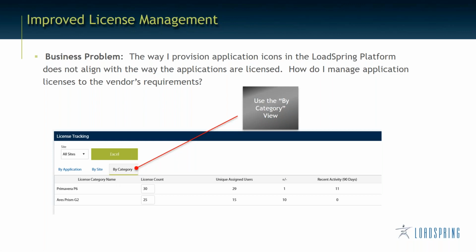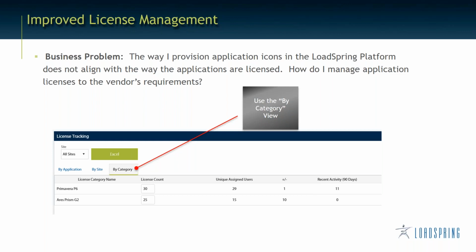What this does is it aggregates all those applications and users into one category and gives you a summarized ability to say how many unique users are assigned, what's my license count, and do I need to approach that vendor to purchase more licenses. We also give you information about recent activity and usage. So this is giving you, company admins, more ability to manage how you deploy these licenses.